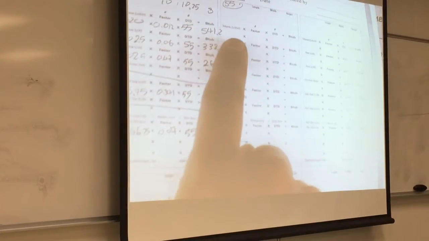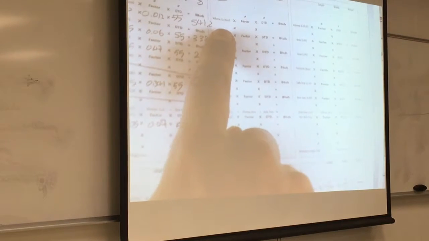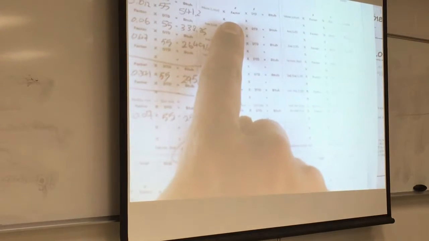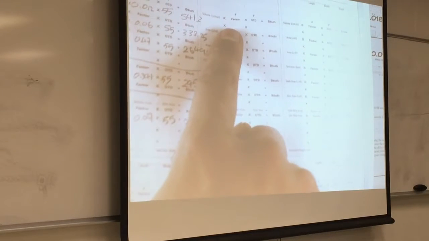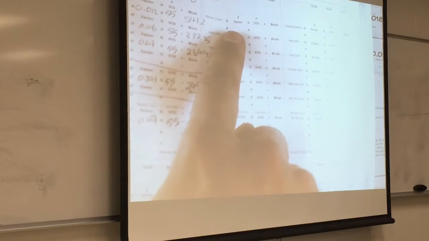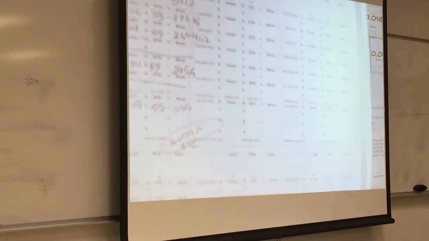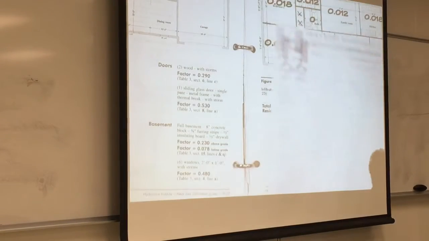So see here, infiltration requires volume and infiltration factor. Ask me questions. And the rest is going to be all transmission, right? Yeah. So just one infiltration, the rest is transmission.